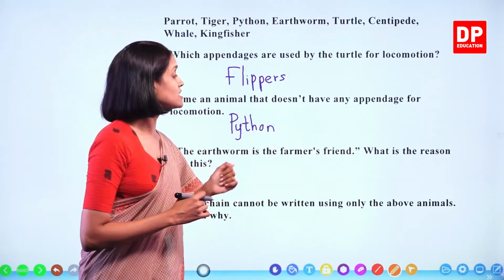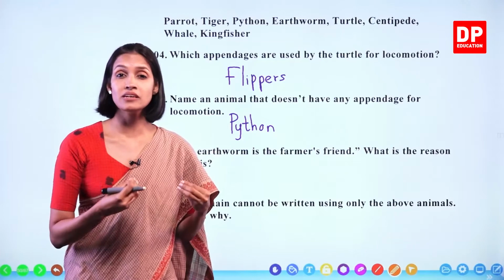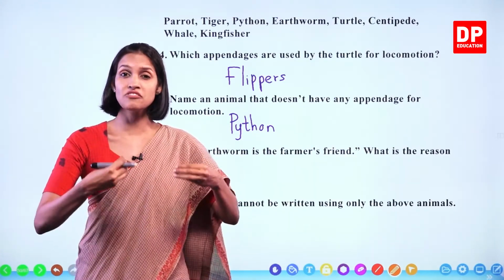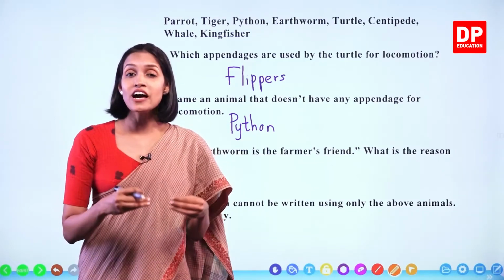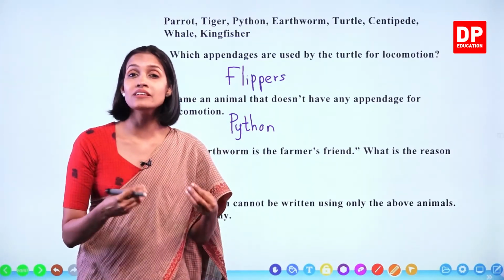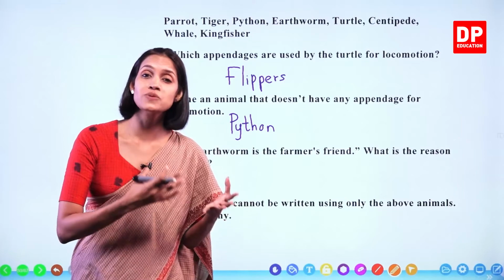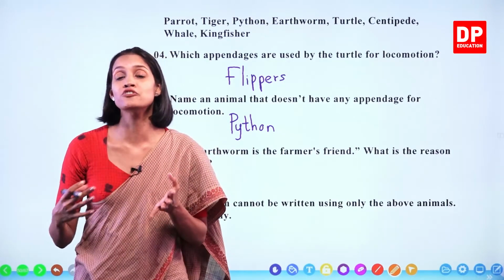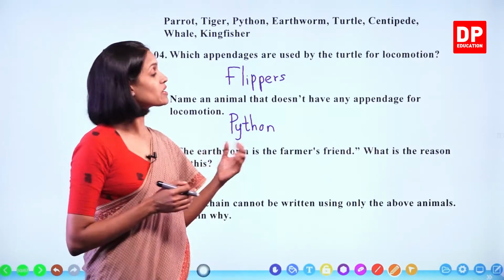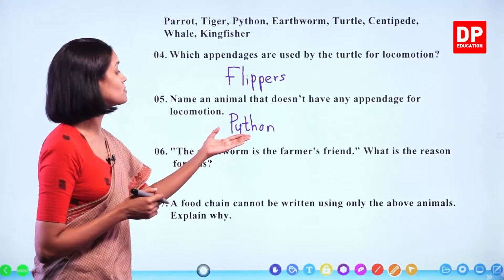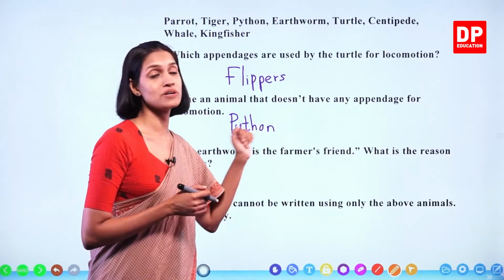And another reason is earthworms can decay those organic substances, the different plant and animal matter present in soil. And thereby, by decaying these substances, those nutrients present in the organic matter will be added to soil and the soil will become rich. Okay. So, because of those reasons, the earthworm is considered as the farmer's friend.